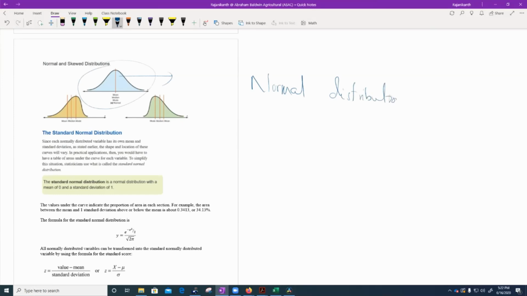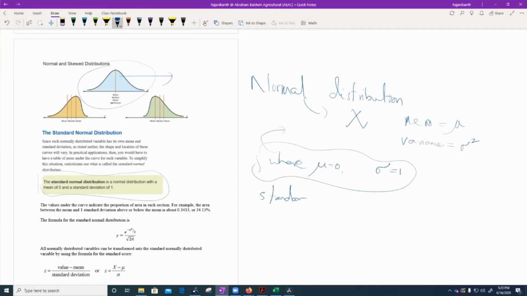Okay, now we will move to the next one, which is called the standard normal distribution. Remember, for the normal distribution, your random variable x may have any mean, any real value mu, and the variance may be any value, which is sigma squared. But if you consider the special case where mu is 0 and the standard deviation is 1, this special case of the normal distribution is called the standard normal distribution.